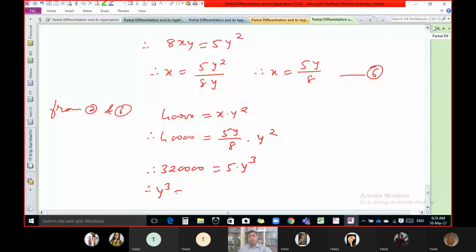We get 64,000. So we get y equal to 40. So x is 25, y is 40. That is our final answer.